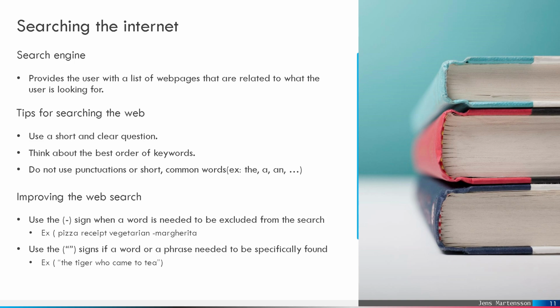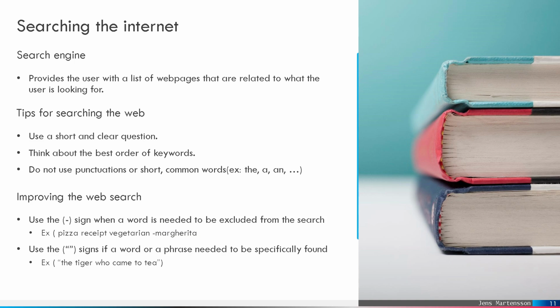For example, if we give the search engine this phrase, pizza recipe vegetarian, it might give us some recipes for the margarita, but we don't need that. So we can put the minus sign before the word that we don't need, and it will exclude it from the search.